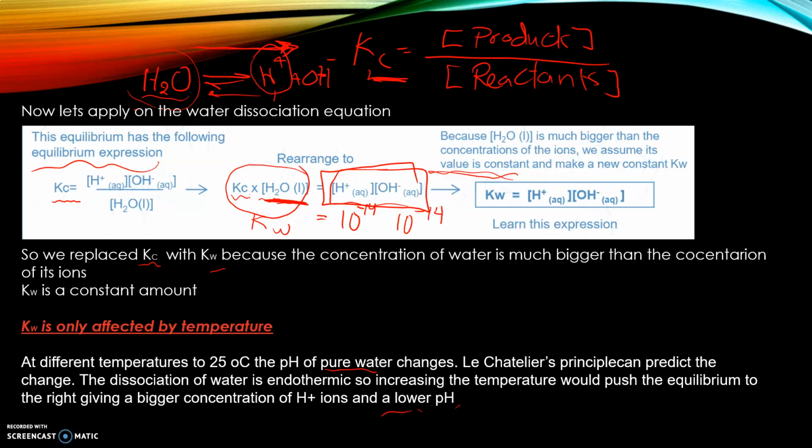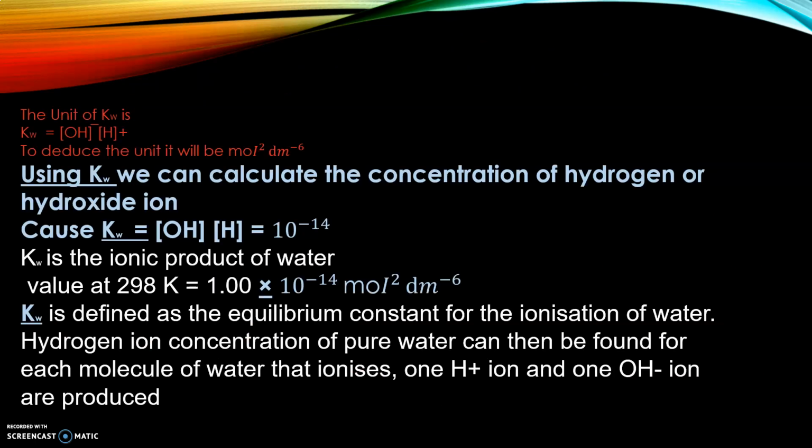The concentration does not affect much because the value is constant, which is 10 to the power of minus 14. Now, the unit of Kw. You know that the unit of any concentration is mole per decimeter cubed, mole dm^-3.